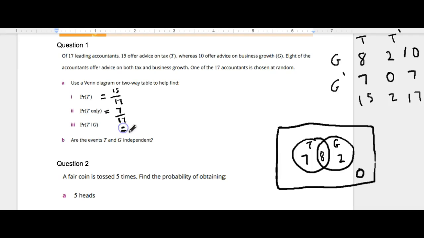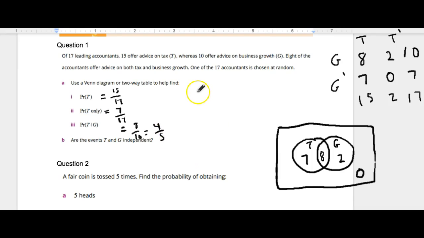And then T given G. You can use the conditional probability formula, or you can just go straight to your Venn diagram. If we do given G, it's this whole circle here. How many in this circle do tax? 8 over 10, which simplifies to 4/5.